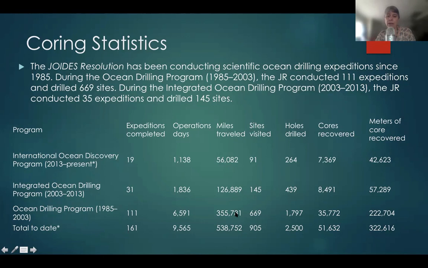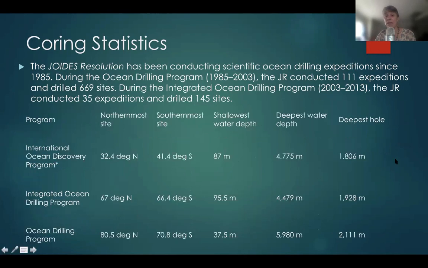At this point, the JR has traveled almost 540,000 nautical miles, visited almost 1,000 sites, drilled almost 2,500 holes. It's 51,000 cores, and 161 expeditions.